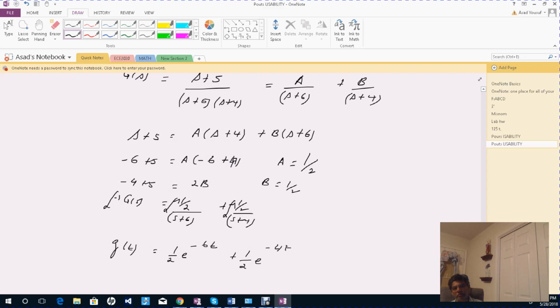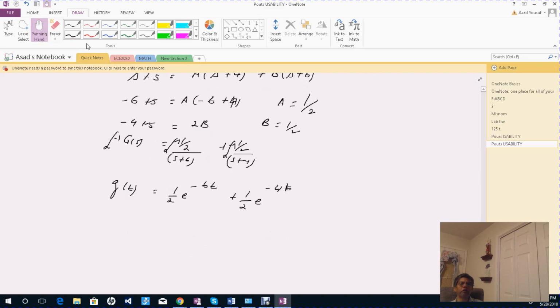You can see the system is stable because as t goes to infinity, if we apply this limit, g(t) will indeed be equal to 0.